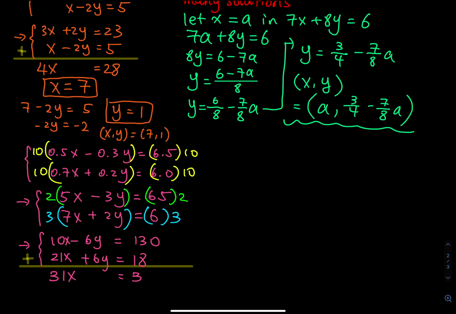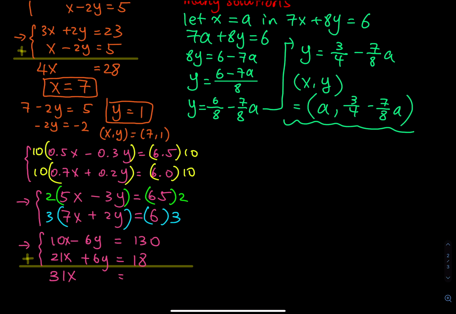Did I make a mistake right here? Multiply by 3. I made a mistake when I was writing my notes, because I thought that is 180. So let me go ahead and get rid of that.